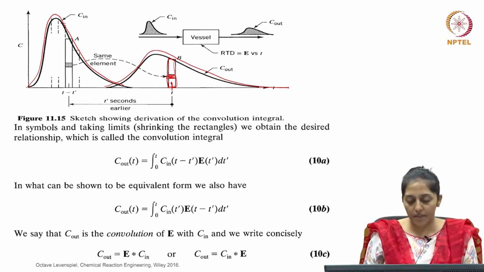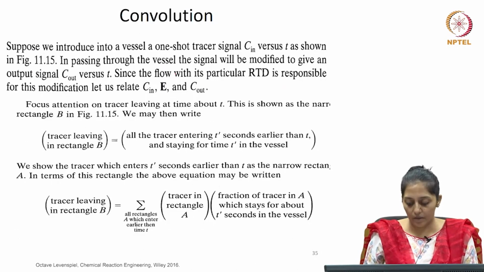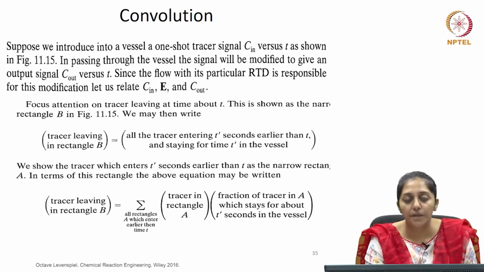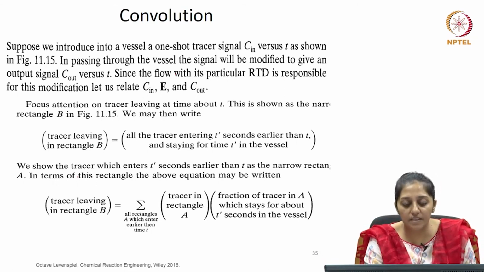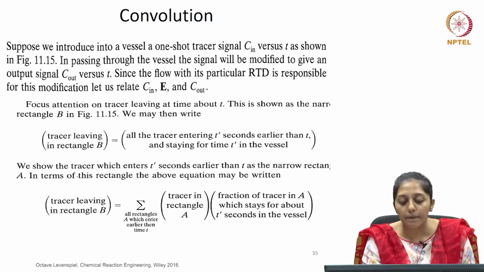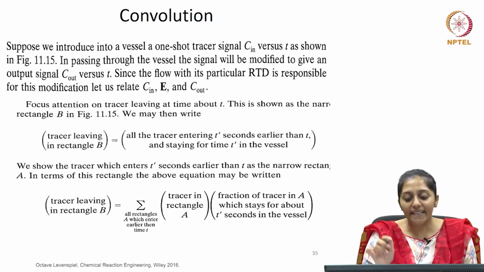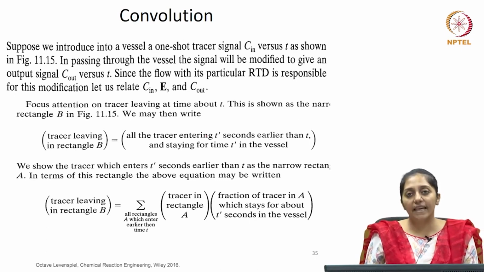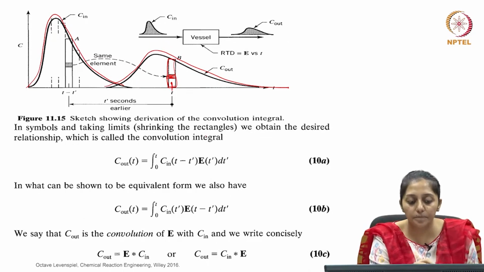So the amount of tracer in this rectangle B, how do we determine? So the tracer which is leaving in this rectangle B fluid element is nothing but all the tracer entering at t prime seconds earlier than t. Now what was t prime? T prime is nothing but the corresponding element.